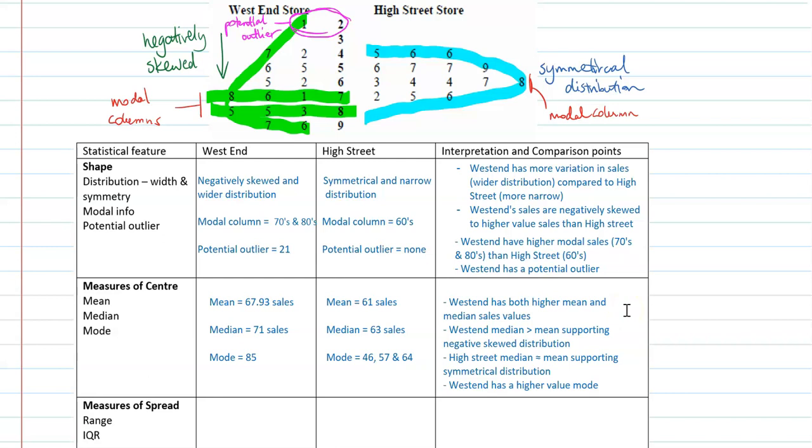West End median was a lot greater than the mean, which supported a negatively skewed distribution. If you look at the High Street median and mode, they're approximately the same, so that supports your claim on symmetrical distribution. And in terms of the mode, West End had a higher value mode.